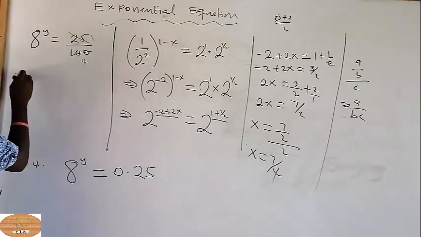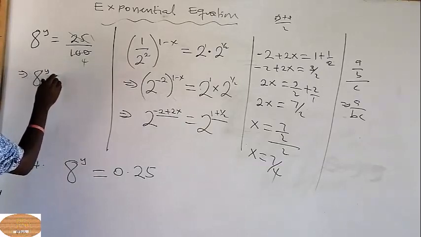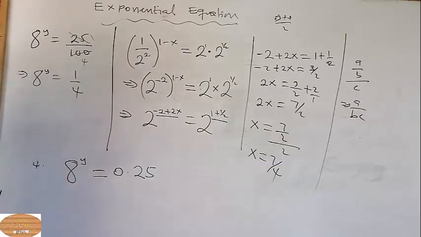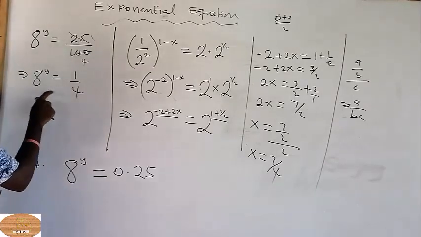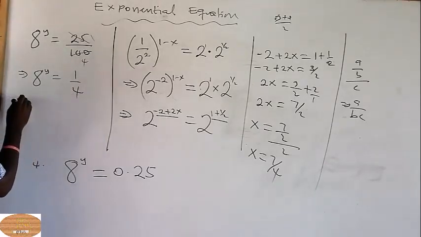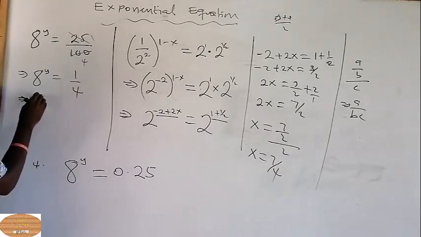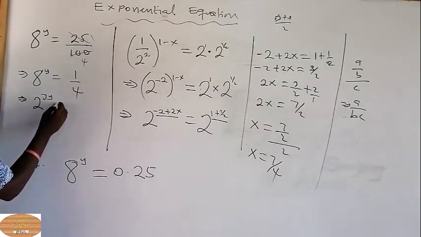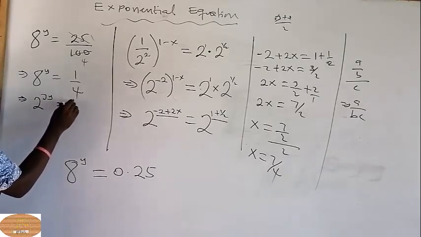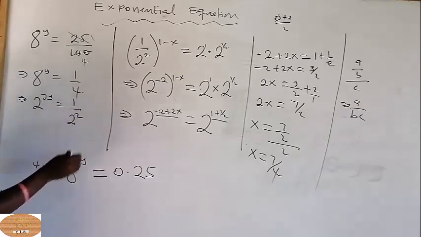So I have 8 to the power y equals 1 over 4. Alright. So let's change this one. And so this one is the same as 2 to the power 3y equals, with this one also 1 over 2 to the power 2.